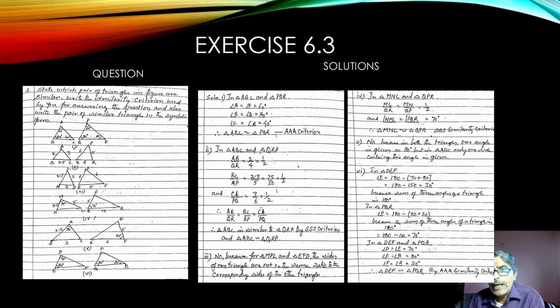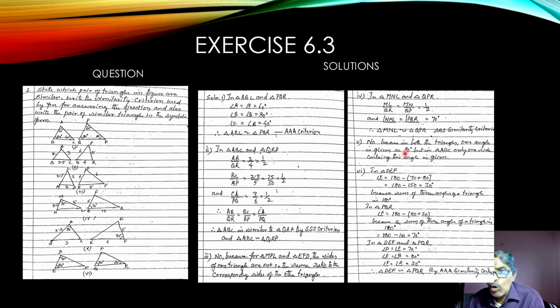And angle NML is equal to angle PQR, which is equal to 70 degrees. Therefore, triangle MNL is similar to triangle QPR by SAS similarity, because one angle is taken and the other two sides are proportional.